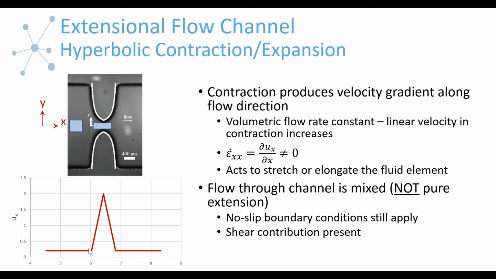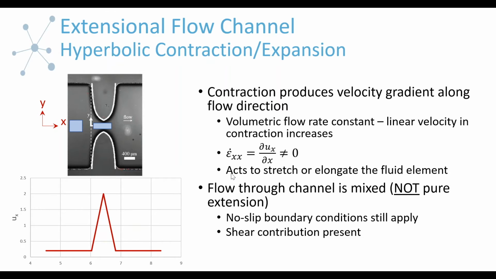And this is sort of an example on the left here. This is a microscope image blown up of the extensional flow channel, and then also the velocity of the fluid as it enters the flow channel. So you can see that as it enters the throat of the channel, you're getting an increase in the velocity and you're getting a constant extensional rate.